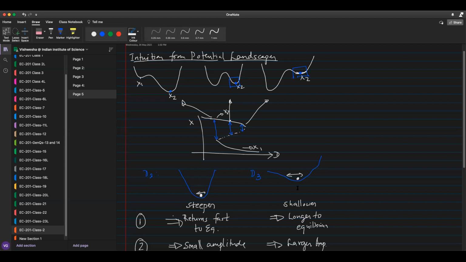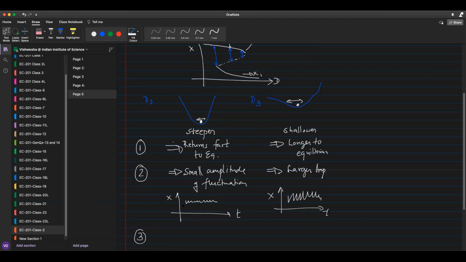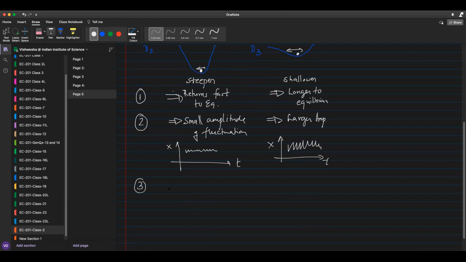Right. One thing you will notice is the way I have drawn this, if we have a very deep potential within the range of fluctuations, this landscape is symmetric around the equilibrium.